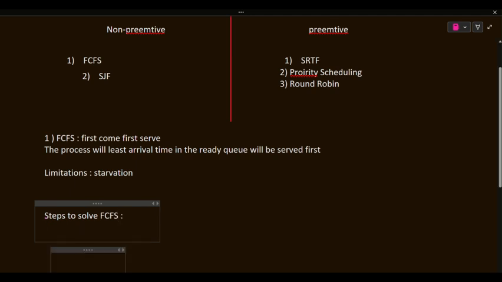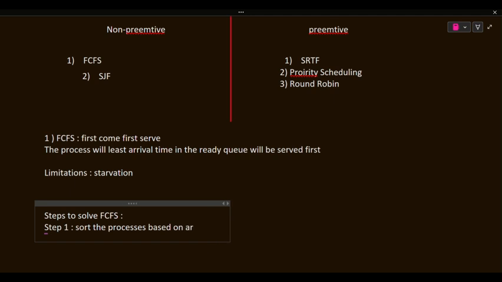Let's see the steps to solve an FCFS algorithm. First of all, we have to sort the processes based on their arrival time.